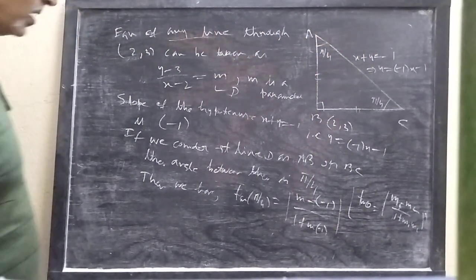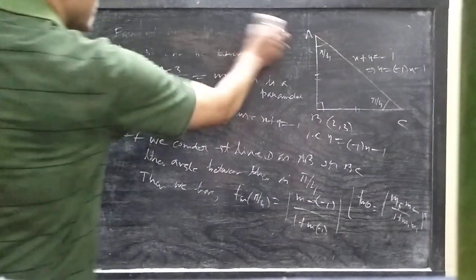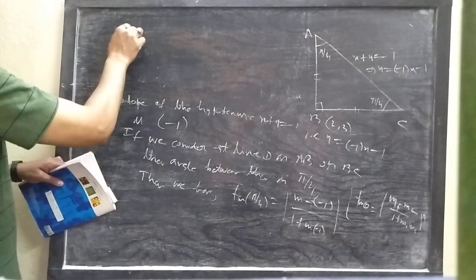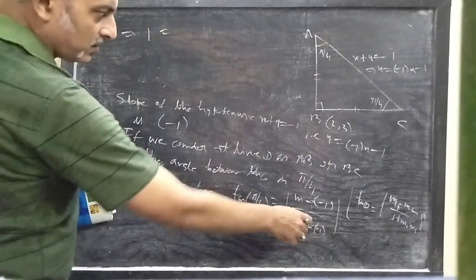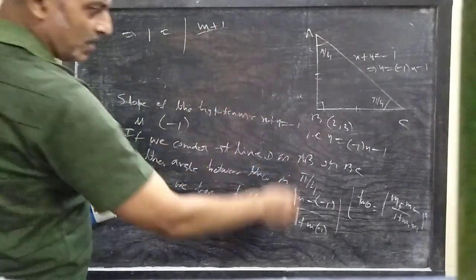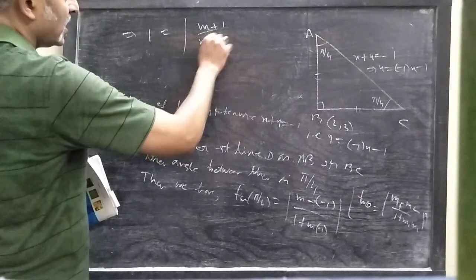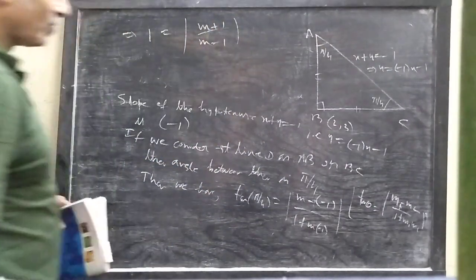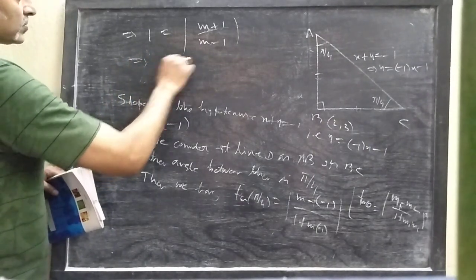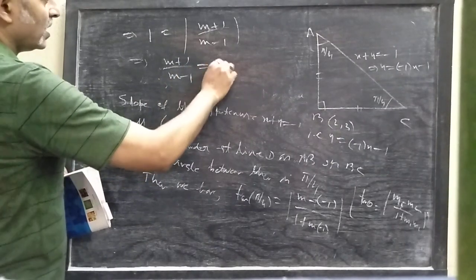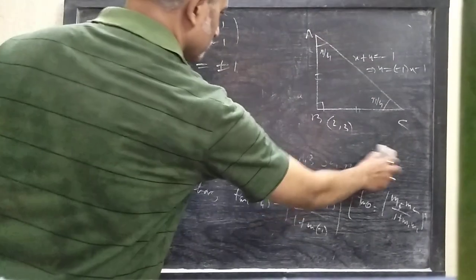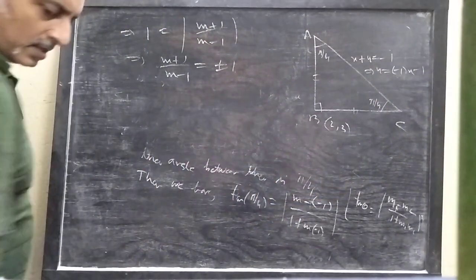Now I am erasing this part. tan of pi by 4 is 1. Here you get mod of (m plus 1)/(1 minus m). You can write it as m minus 1 because you have the modulus sign here. So you get (m plus 1)/(m minus 1) equals plus or minus 1.